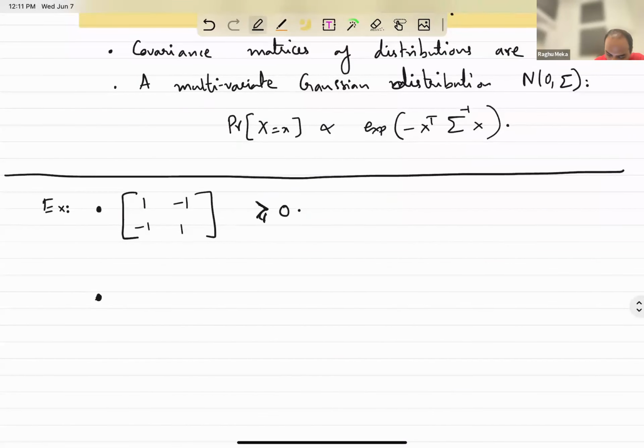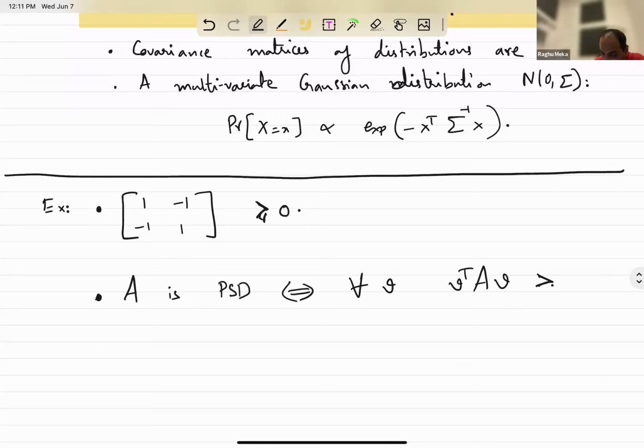We know that A is PSD if and only if for all vectors V, V transpose AV is greater than or equal to 0. This is a quadratic function in the V's. V transpose AV is summation over ij of Vi times Vj times Aij. So if we define a quadratic function which is always non-negative, then the corresponding matrix would be positive semi-definite.